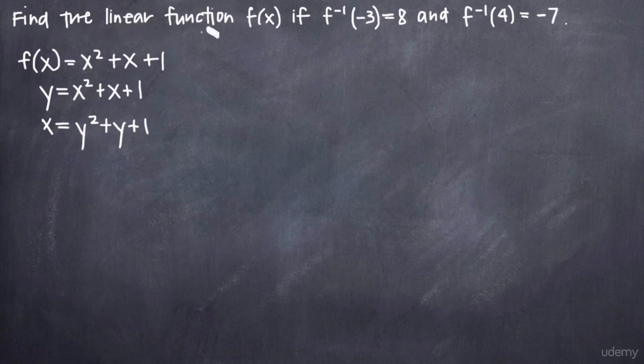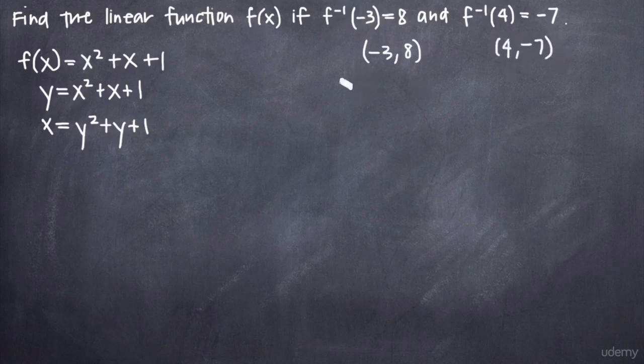So in this particular problem, where we have 2 points that are on the line that's the inverse function, we just need to flip the values for x and y and call those points on the original function. We have on the inverse function the point negative 3, 8, and the point 4, negative 7.